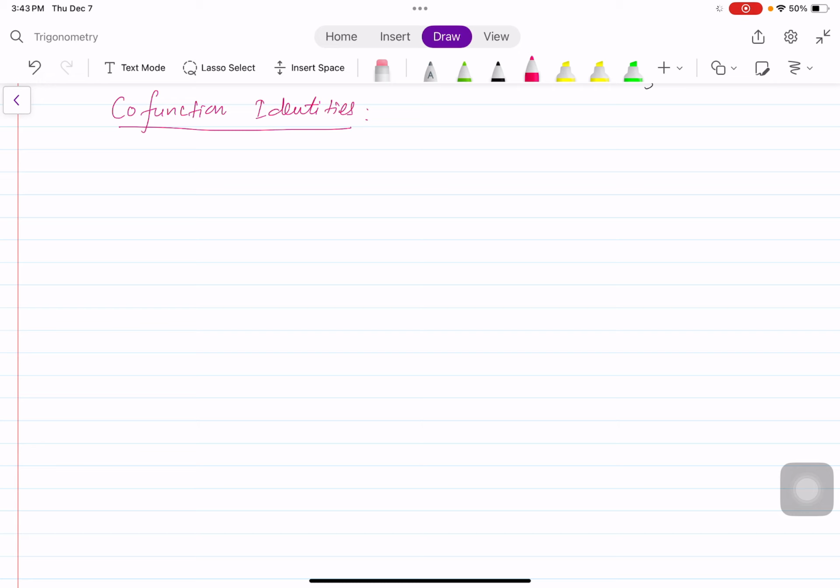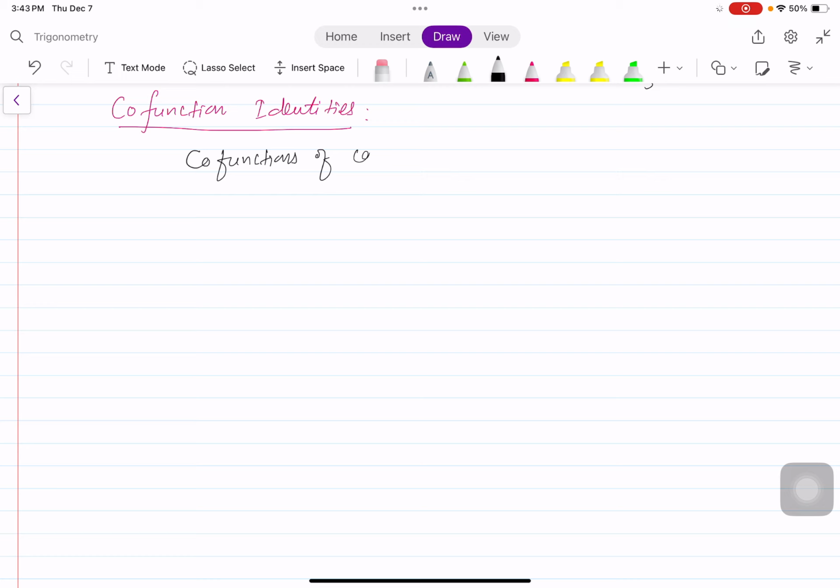If you know sine, you can find cosine, but not the same value, a different value. What is that? Let's try to figure it out. First of all, these co-functions are defined only for complementary angles.